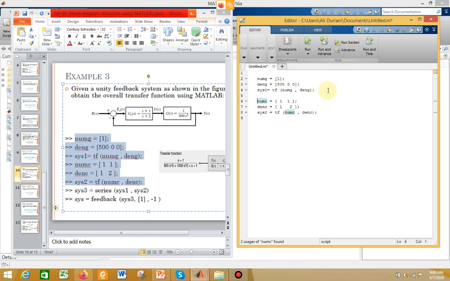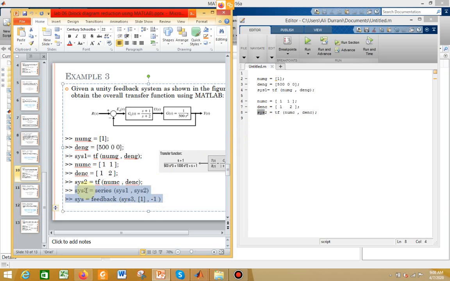So in the first three lines I have defined the transfer function 1 divided by 500 s square, and in the next three lines, line number 4, 5 and 6, I have defined the other transfer function which has s plus 1 in the numerator and s plus 2 in the denominator. Both of these are defined as system 1 and system 2.